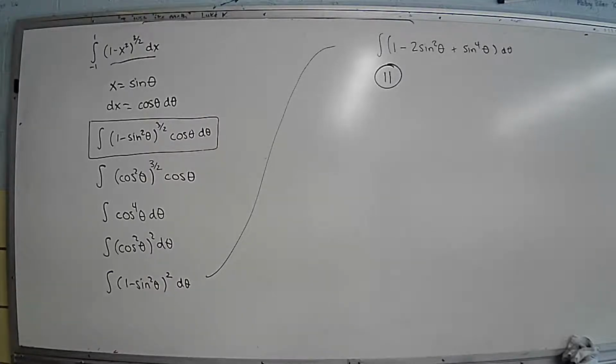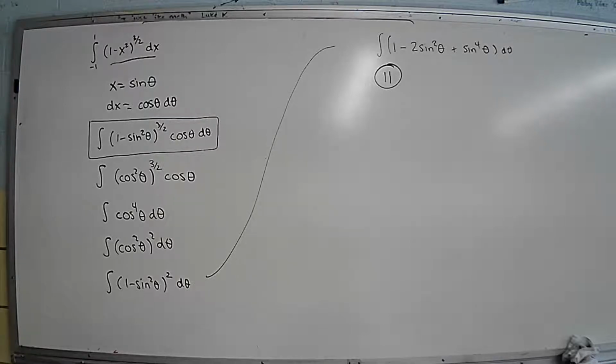So we're stuck at cosine to the 4th. We've got to do cosine to the 4th. How are we going to do cosine to the 4th? Desmos. What's Desmos? What's Photomath? What does Photomath tell you? Can Photomath do this? Can you just type a problem into Photomath, or do you have to actually take a picture of it?